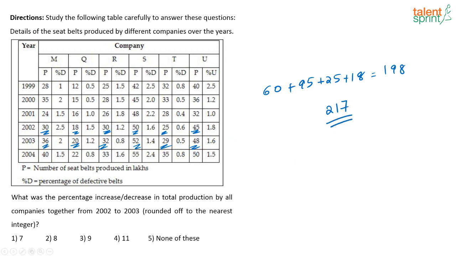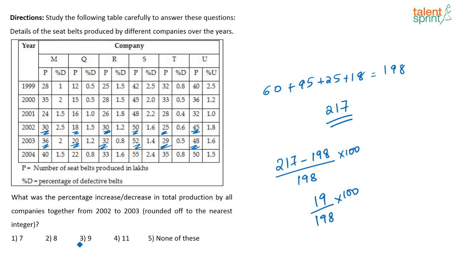Now what is the percentage increase? 217 minus 198 divided by 198 into 100, which is 19 by 198 into 100. If it was 19.8 by 198, it would be 10%. So 19 by 198 means it will be just less than 10%.